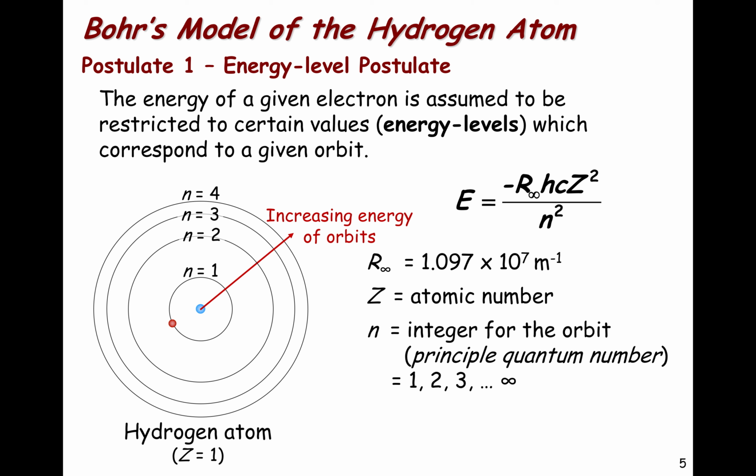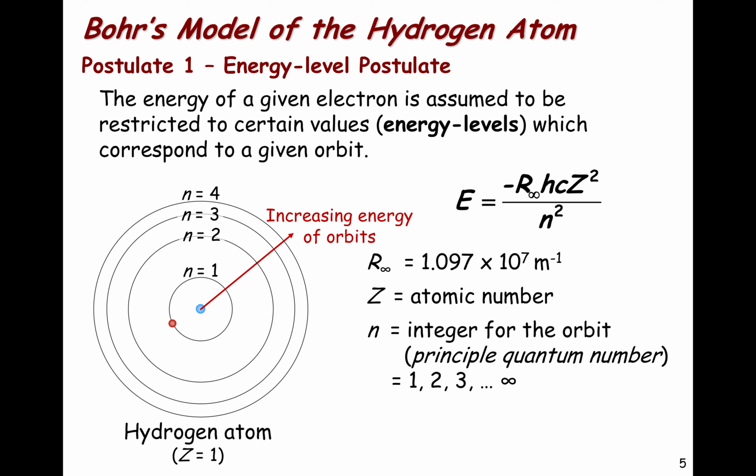It turns out that Bohr, by his convention, always stated that these energy levels were negative. And in the numerator of this equation, we have a series of constants. The R is the Rydberg constant, h is Planck's constant, and c is the speed of light.